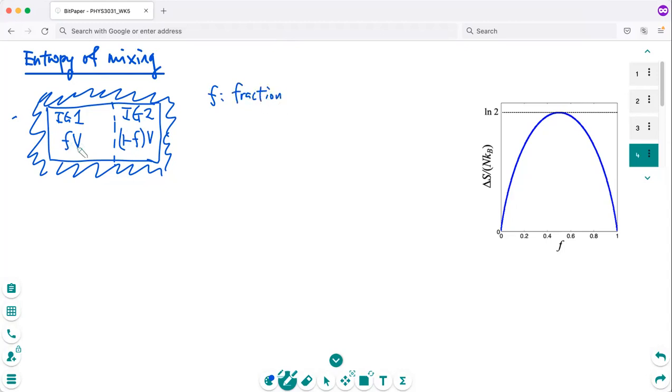This can be half of the volume, then this will be a half. So they sum to 1. And a little more terminology: I will have N, which is the total number of particles, not just on the left or on the right.